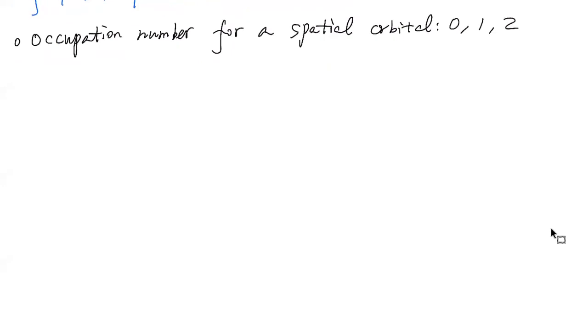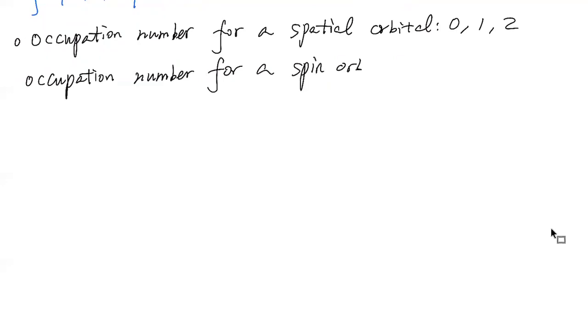If you talk about the occupation number for a spin orbital, you can have 0 and 1.